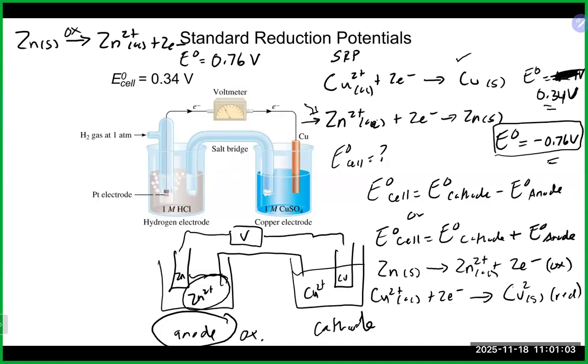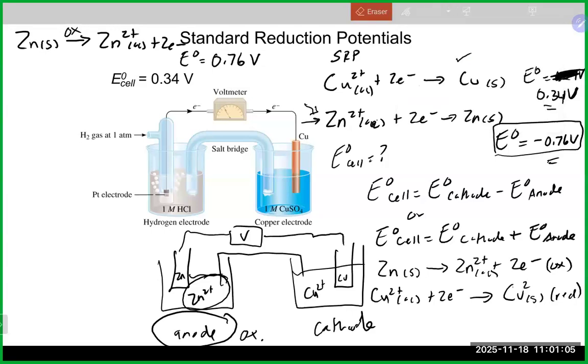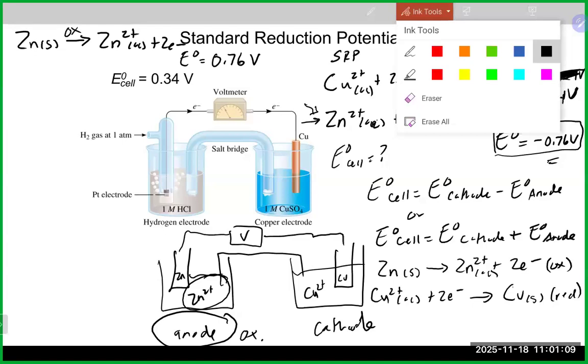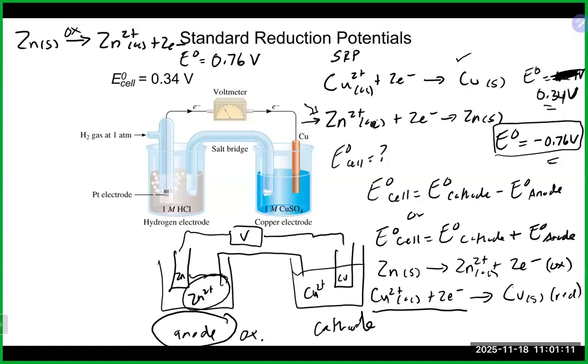And if we added these two half reactions together, our electrons would cancel. And that would give us the overall reaction as we saw, I think, on the previous page there. Our zinc plus our copper 2+ goes to our zinc 2+ plus our copper in this case, right?